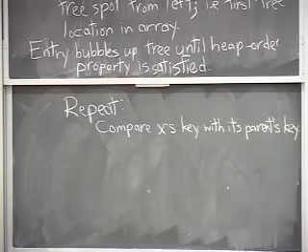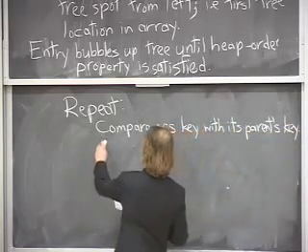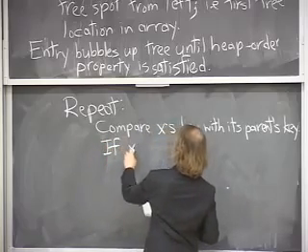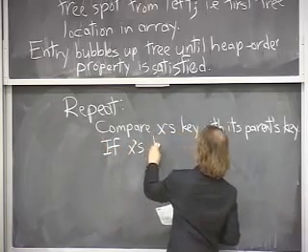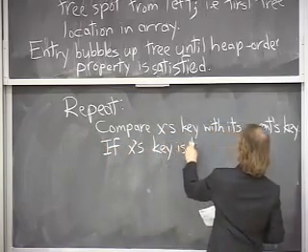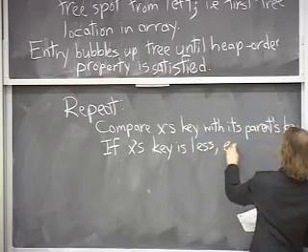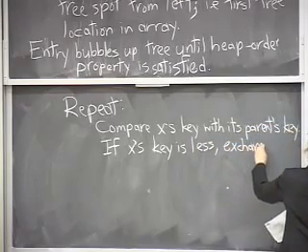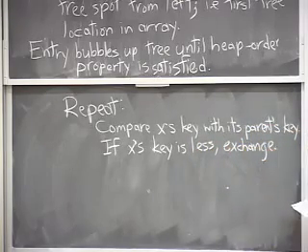And if x's key is less, then we exchange x with its parent. And then we just repeat that over and over again until x can't move up anymore.